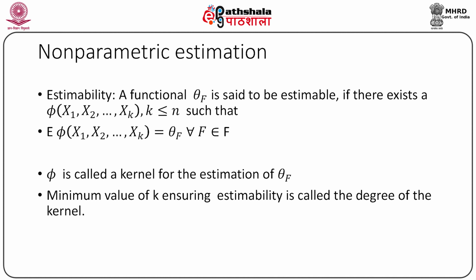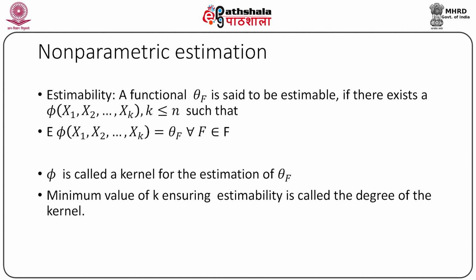Now, phi is known as a kernel of degree k, because this phi involves k observations. This k is known as the degree of phi, and phi is called a kernel.